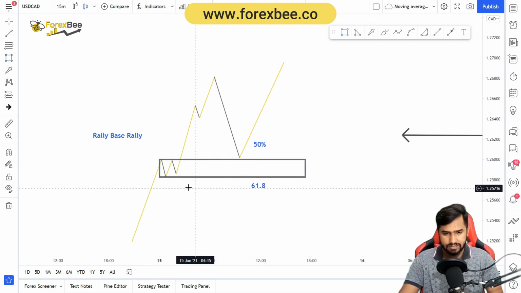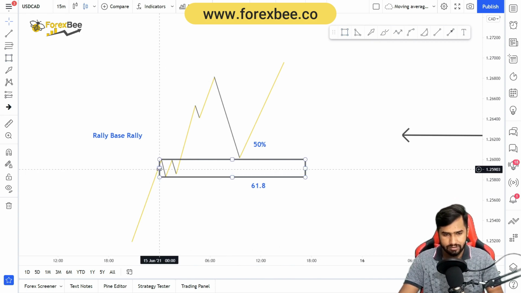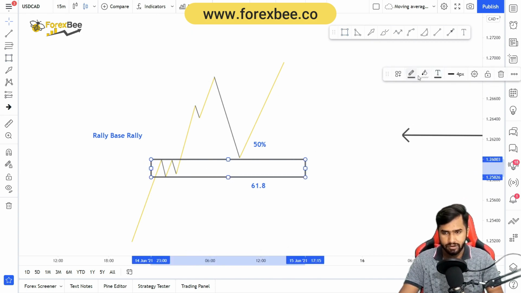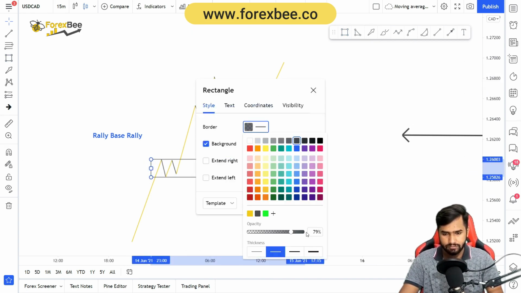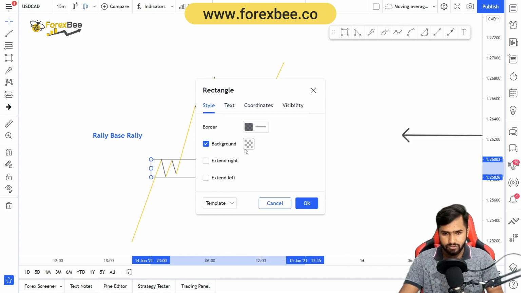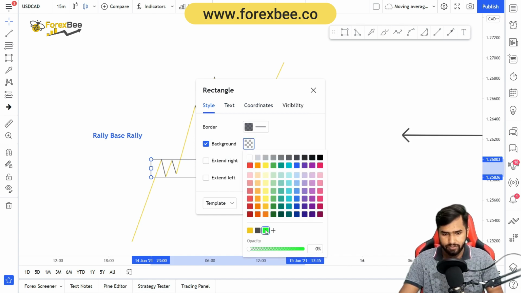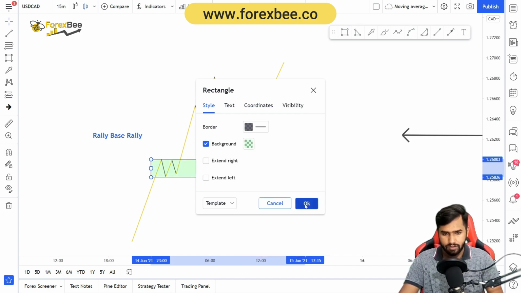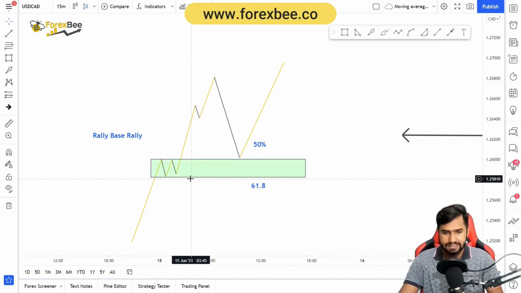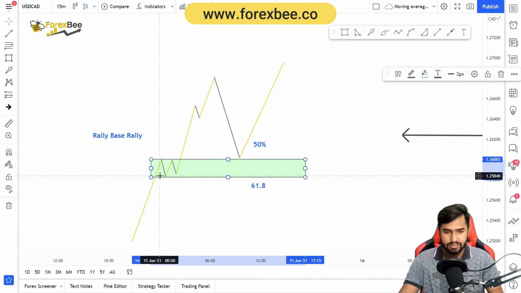You can see that this is our base. Let me adjust this, and we want the background to be, let's say, green. So you can see here that this is a demand zone, and this is a rally-based rally demand zone.